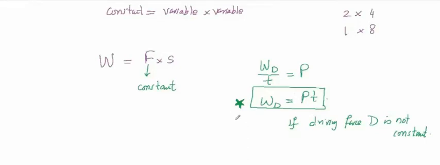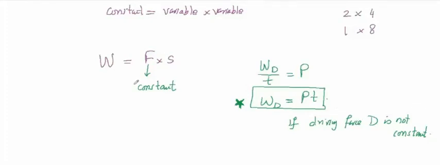They give us a variable force, and if the student uses the work energy equation, work done by the driving force times distance, that will be wrong. So then we have to use this formula in that case.